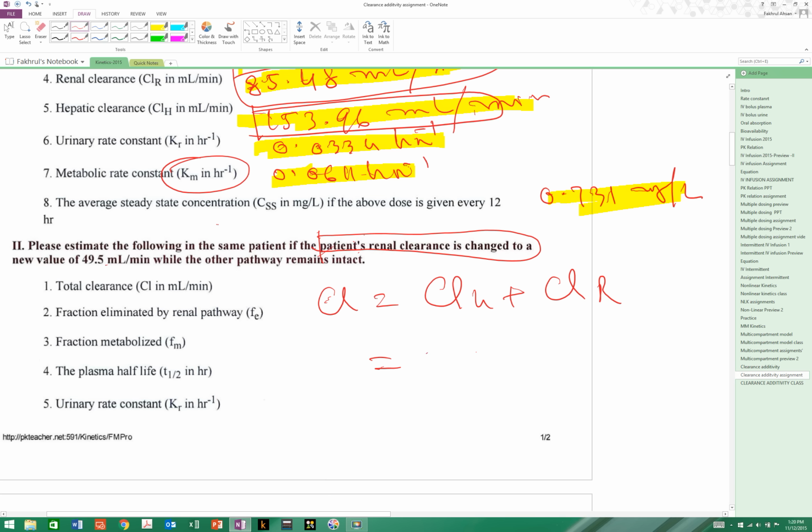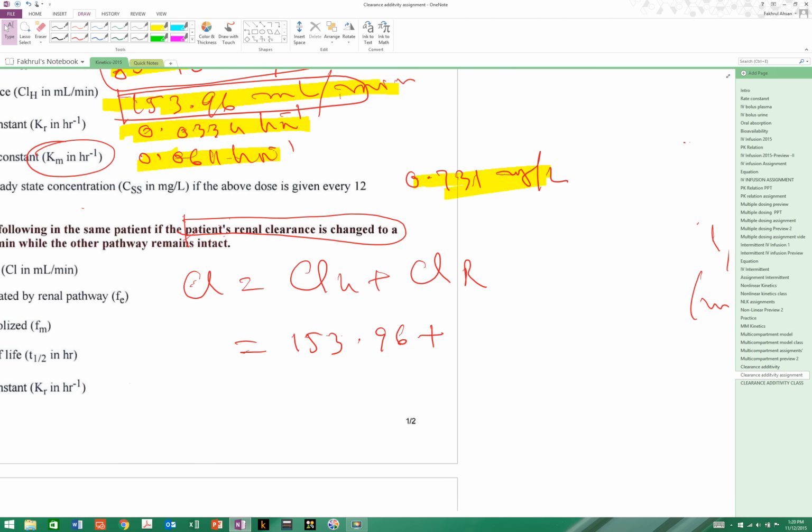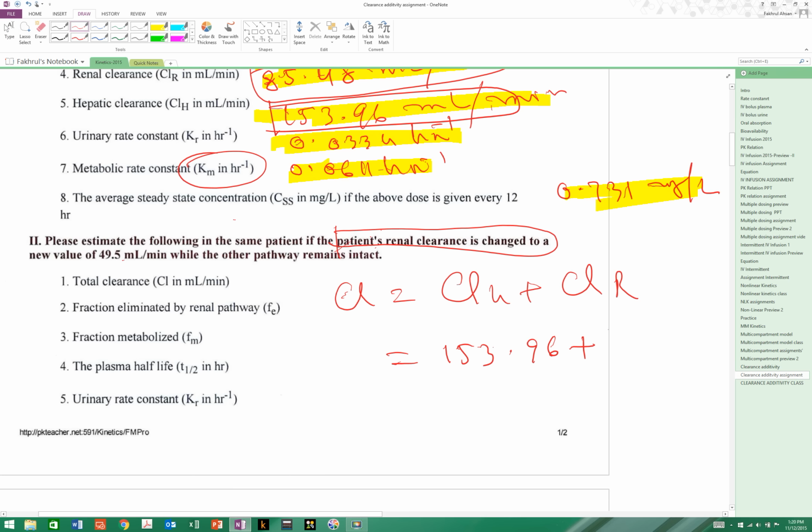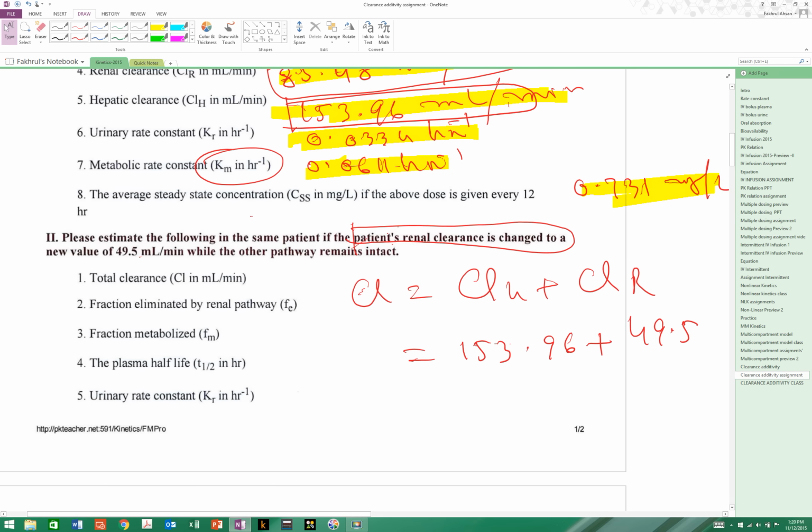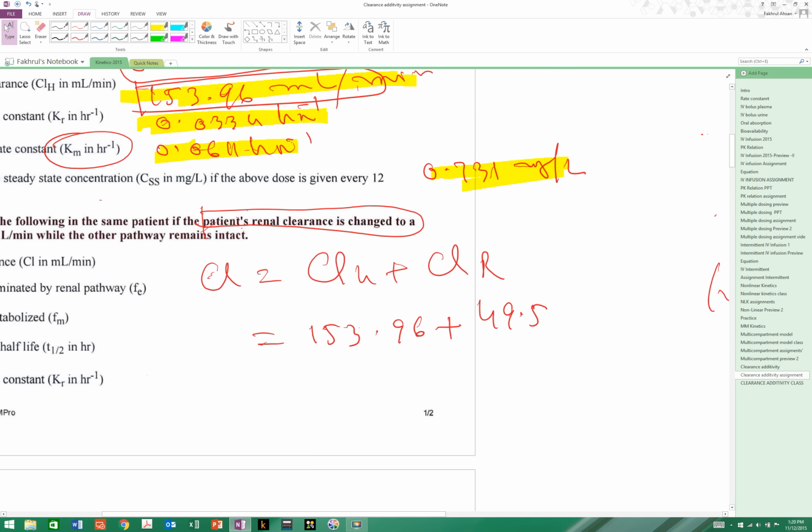So you put this 153.96 plus renal clearance. The new renal clearance is 49.5. So your total clearance is going to be the addition of these, that means 203.47.